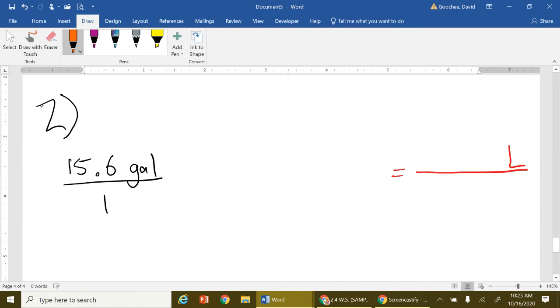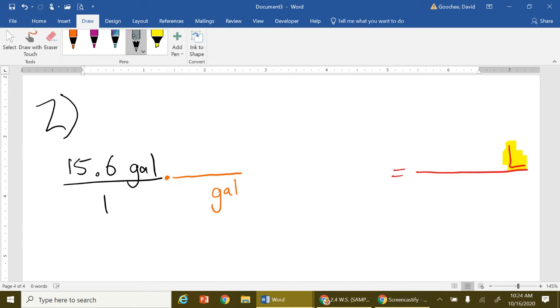Now, once again, we have gallons on top. We want liters, which means we have to get rid of gallons. And to get rid of a unit, you have to multiply it by a fraction with that unit on the opposite side. Remember, if you want to get rid of a unit, you have to put it on the opposite side of the fraction. Okay?